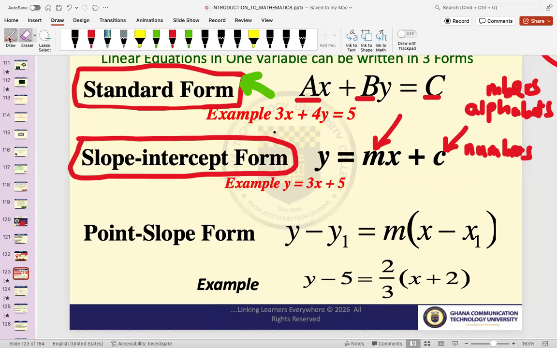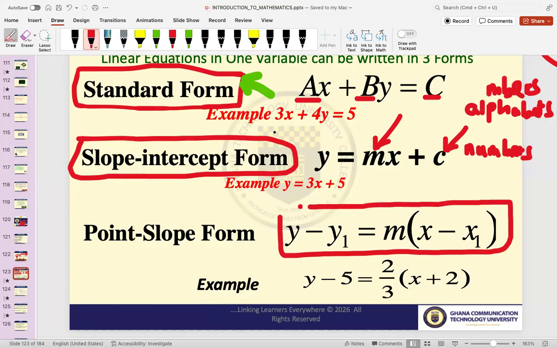So the third type is written in the form y minus y1 equals m into x minus x1. So here, you are seeing the y appear twice, but whilst one is y standing alone, the other is y with a 1 below.